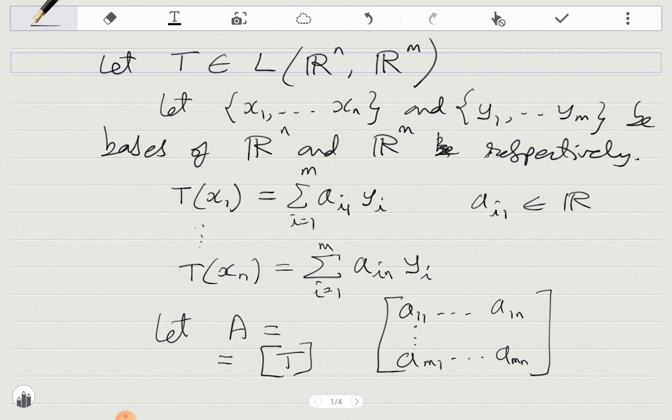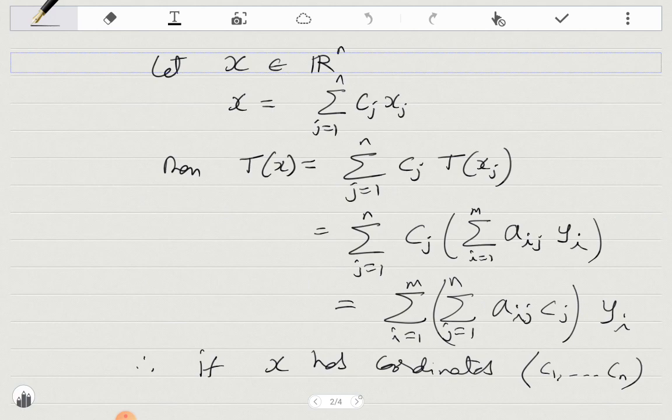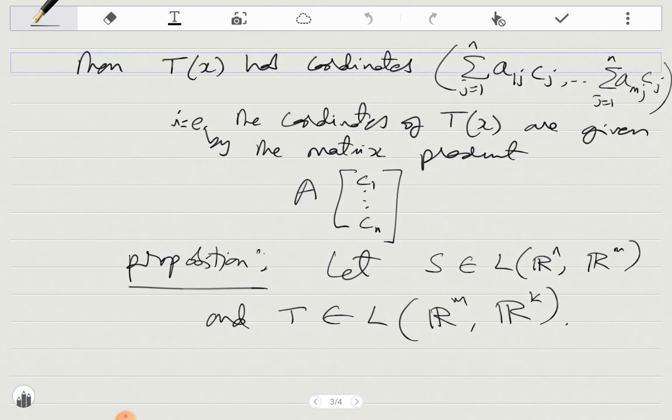In fact, to be even more precise, if one calls this basis B1 and this B2, one can put B1 and B2 as a subscript as well. But let me not do that, since we'll just be working with the standard basis most of the time.